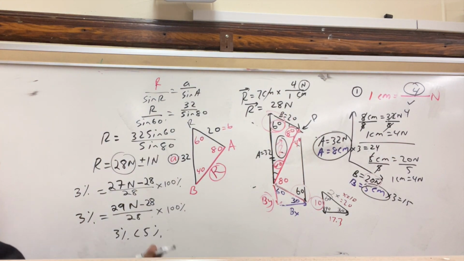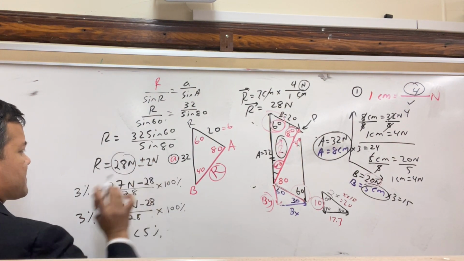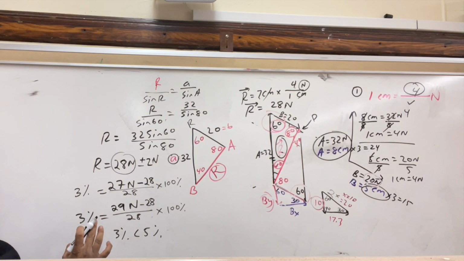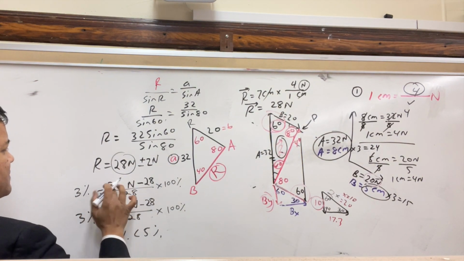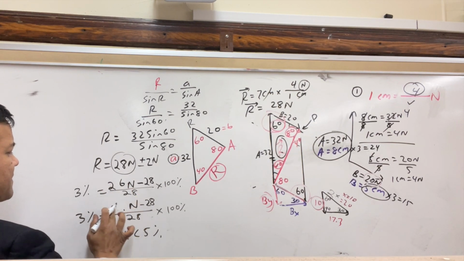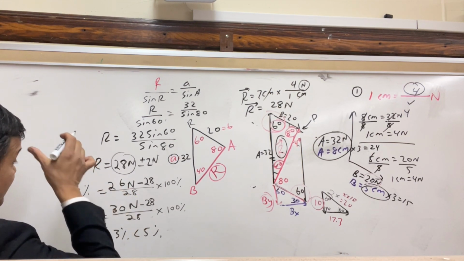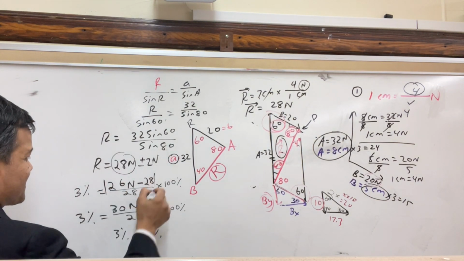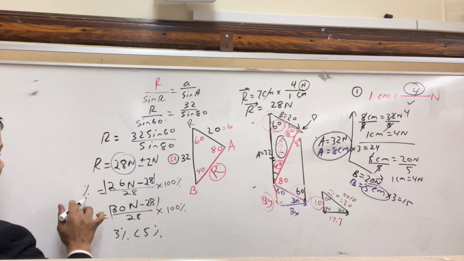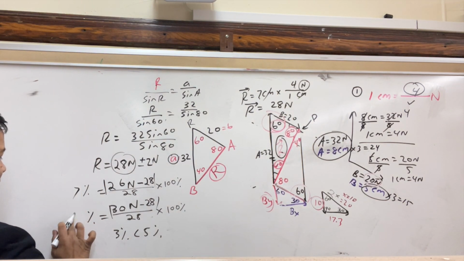However, if you put 2, it's not going to give you 3%, because all of a sudden this becomes 26, and this becomes 30. Then the answer changes. Of course, you are talking about absolute value. This becomes 7% error, and 7% error.